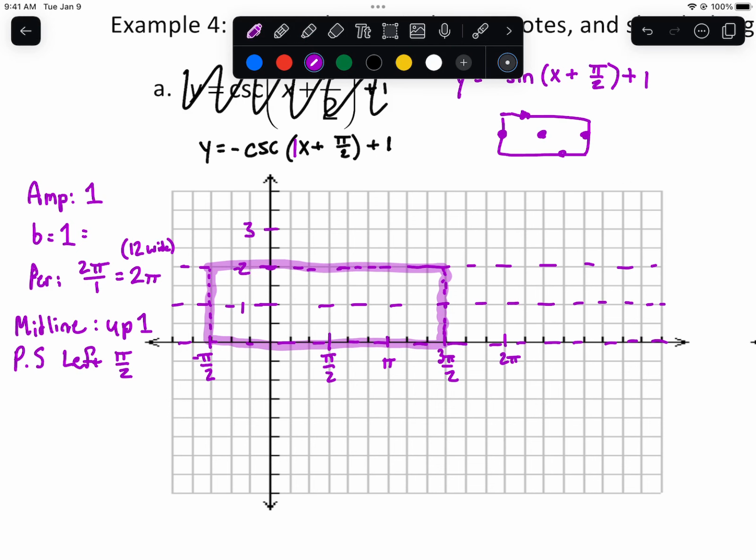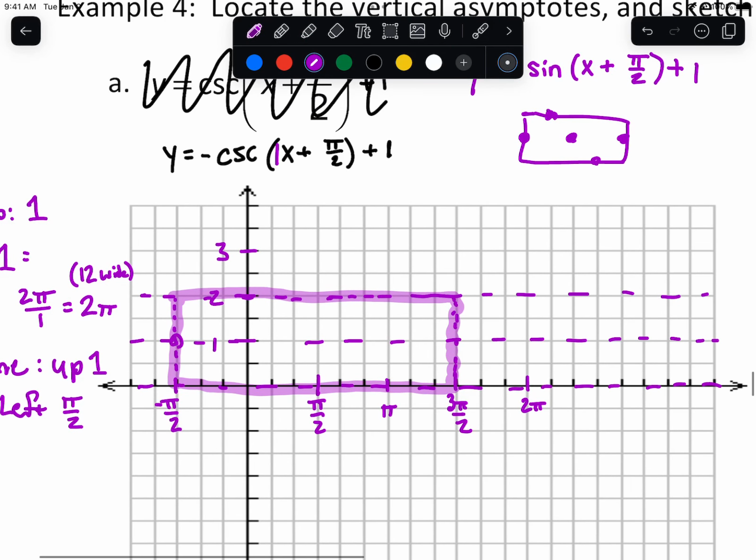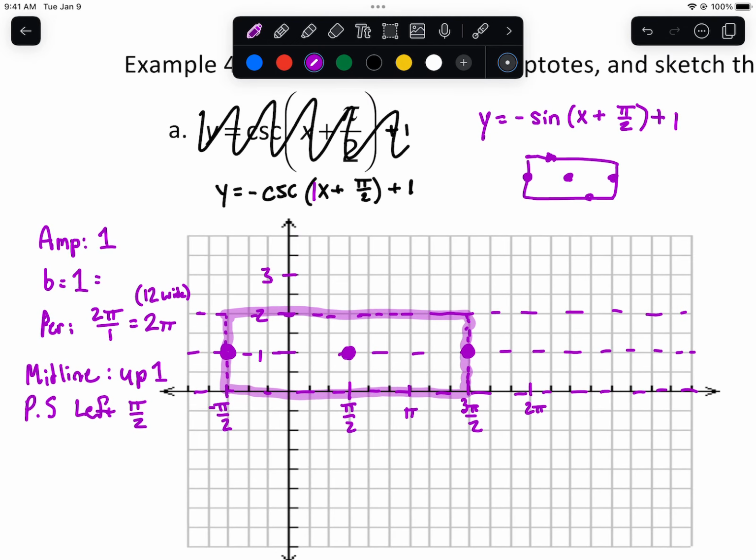Now normally sine, when you have this drawn out here, usually starts at 0. But our midline moved up, so it's kind of like starting at 1. But it started in the middle of your box, essentially. And then it needs to end at the middle of your box. Halfway in between those, it should be at its middle point. And then here's where you've got to watch out with this. Because of the negative, it needs to go down first.